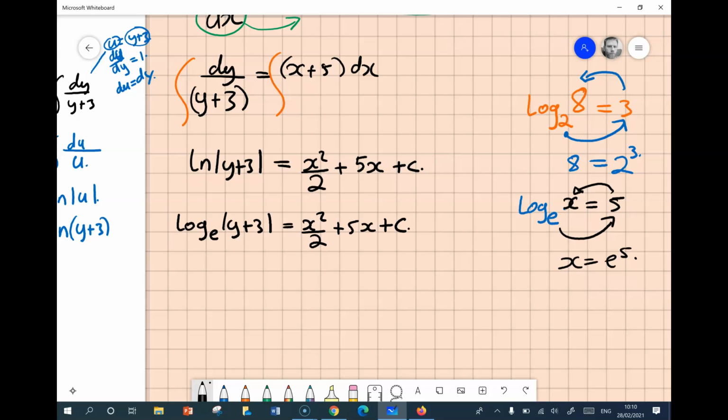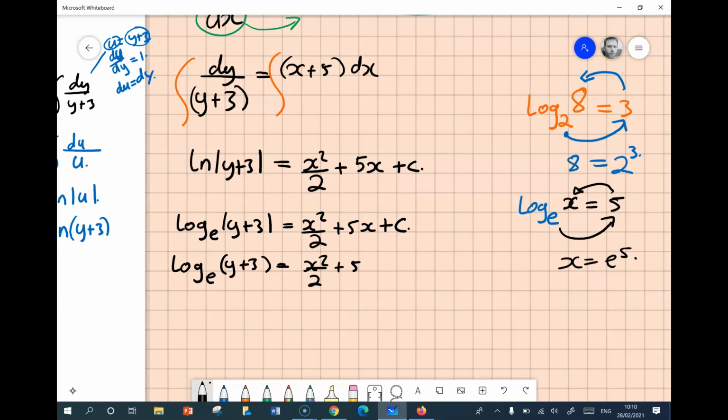Okay, now I've got my absolute value signs here, which means positive and negative, but for this log there's nothing you can put e to the power of to get a negative number, so it'll always be positive in this case. It won't be a valid answer unless it is positive. So we can just have that as regular y plus 3.